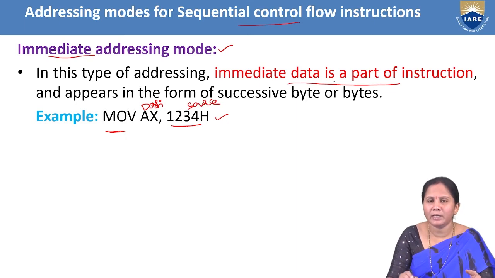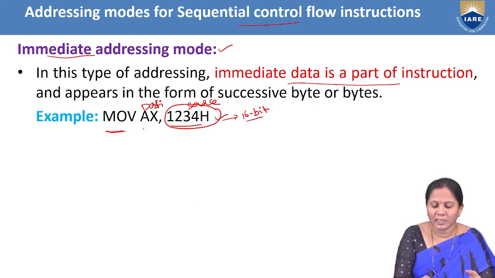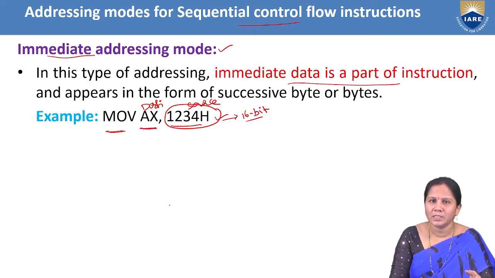Since it is immediate addressing mode, this is the immediate data, which is specified as a part of an instruction. The size of the data is 16-bit, so the size of the register should also be 16-bit. Here we have considered AX, which is a 16-bit register.